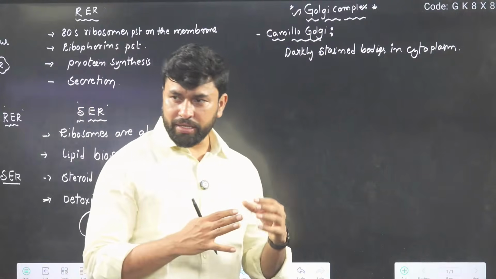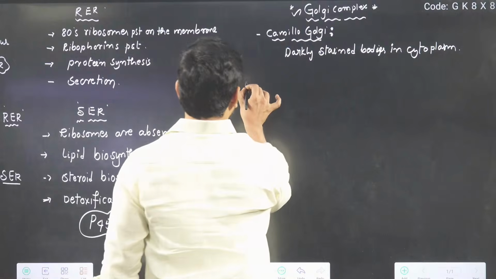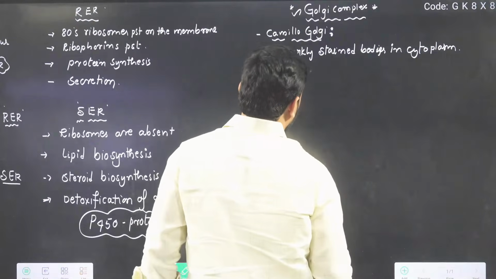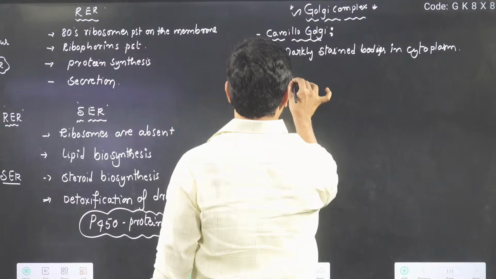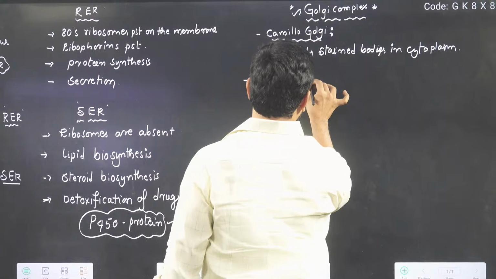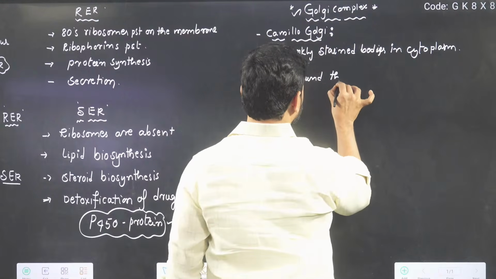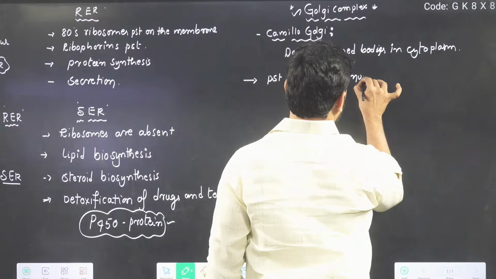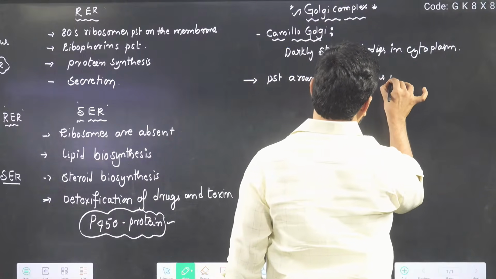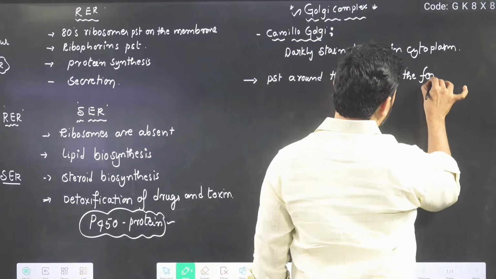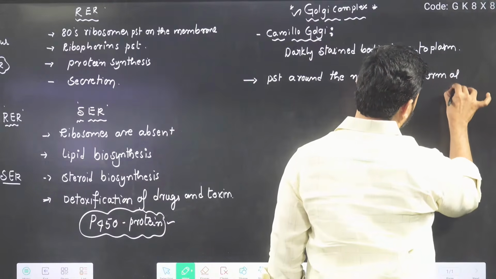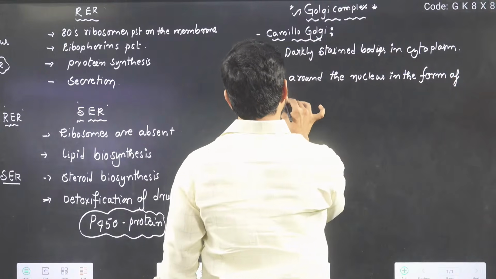The working will be like this. Whenever we talk about Golgi body, it is present around the nucleus in the form of concentric rings.